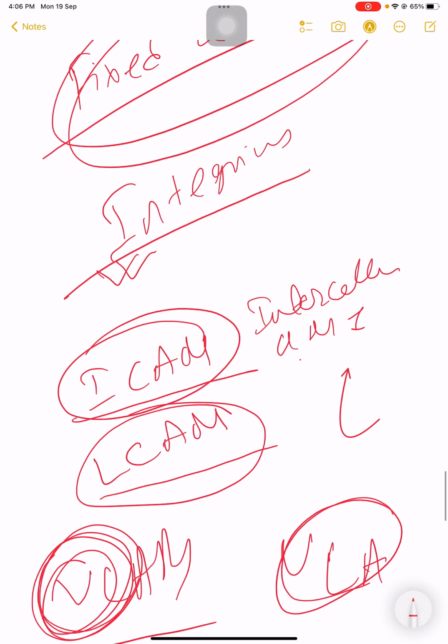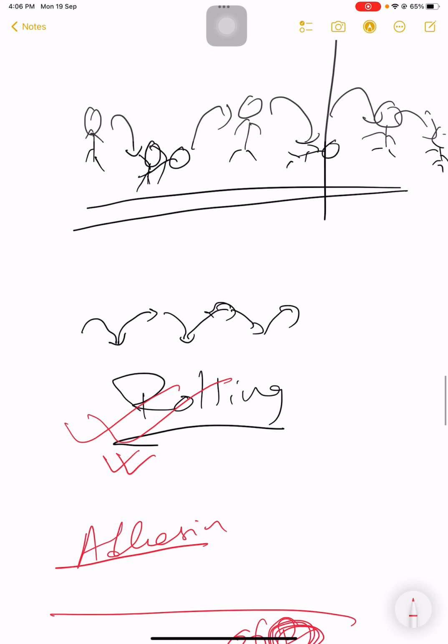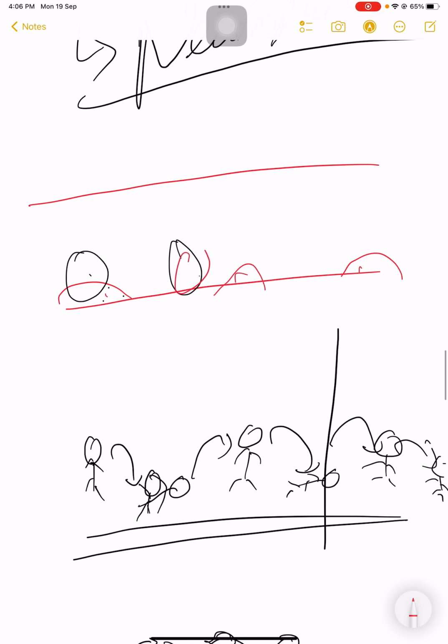That means these endothelial cells, which became completely attached here, now will move again to the intercellular space, the interstitial space. So this leukocyte will come here, and here there are certain bacteria and microbes.